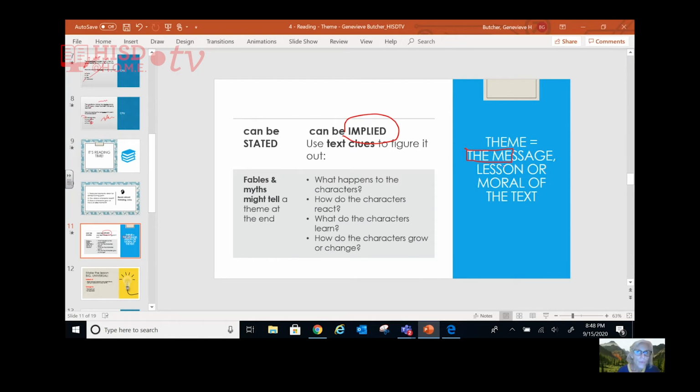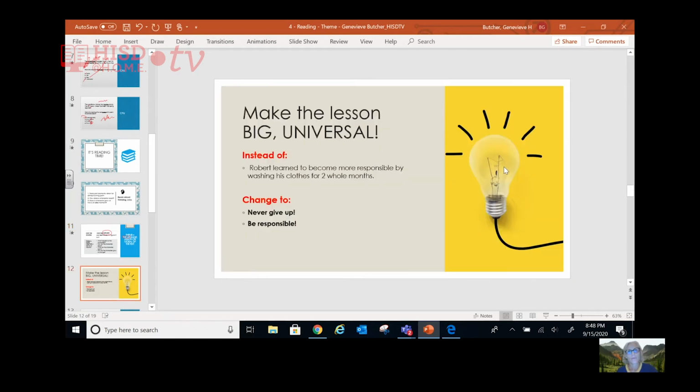But guess what? When you're figuring out the lesson, you're also making it bigger. So you make it universal. It's not just that it's one person. Like we just read last week about Robert in the challenge. He had broken his drum, and he had used knives and forks for drumsticks and it broke his drum.